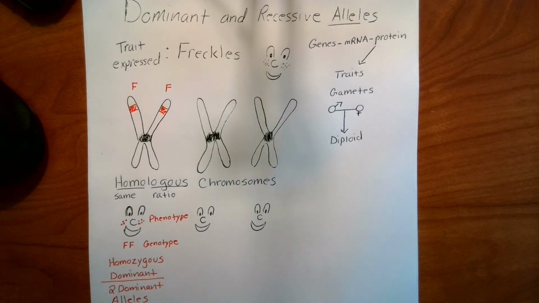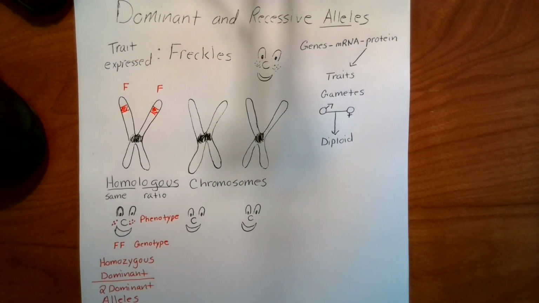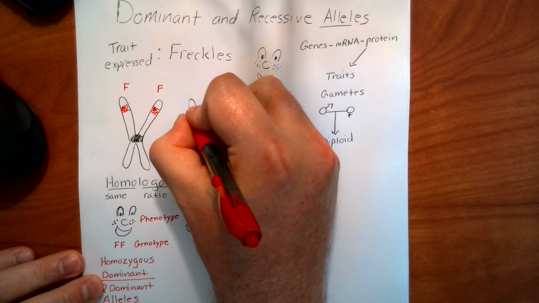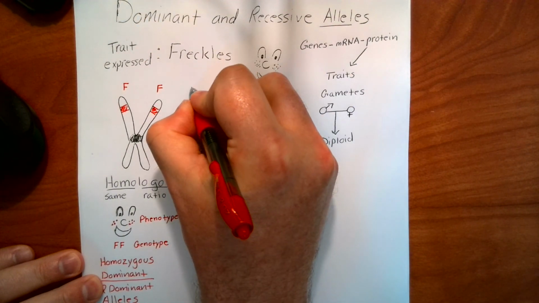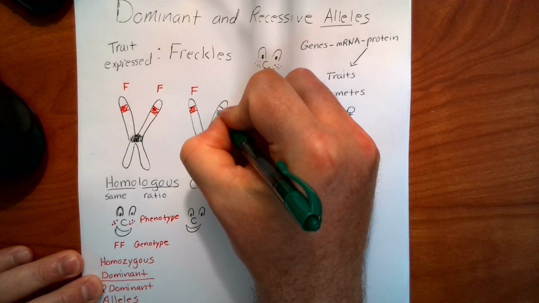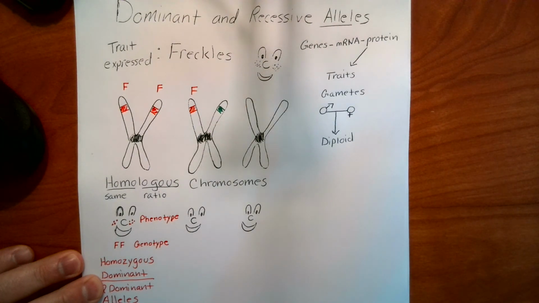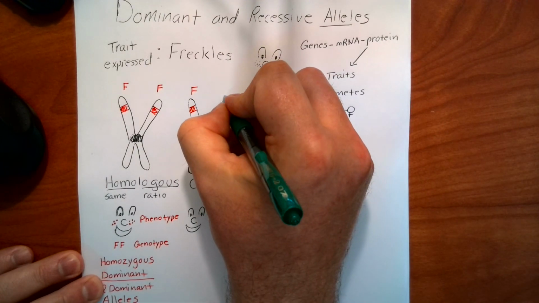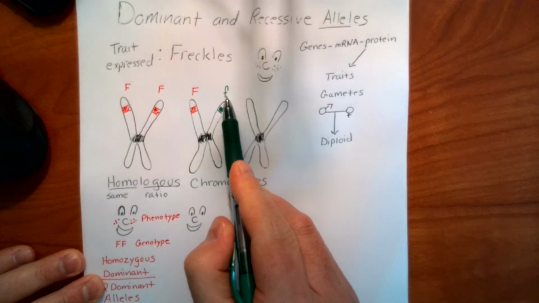All right, let's look at the next person. So on their homologous chromosomes, they will have one dominant allele, okay? And they will have one recessive allele. And we're going to represent the recessive allele as a lowercase f. Now remember, this one's for no freckles.